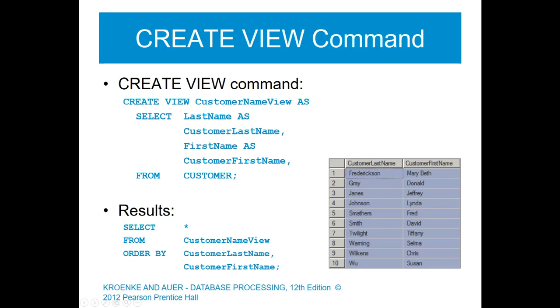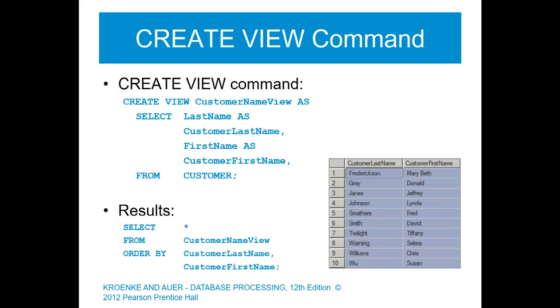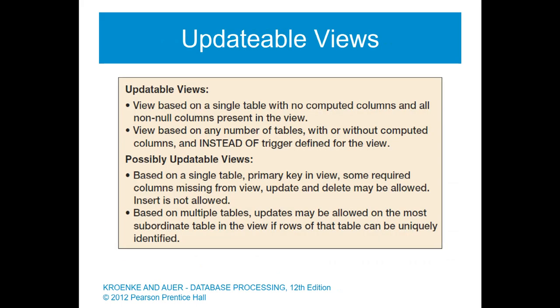Okay, so basic create view. Now, when you create your view, it gets put in the database. There's a view in the database named customer name view as a result of this create statement. And it will stay there and let us use it multiple places. Okay, what about updating?